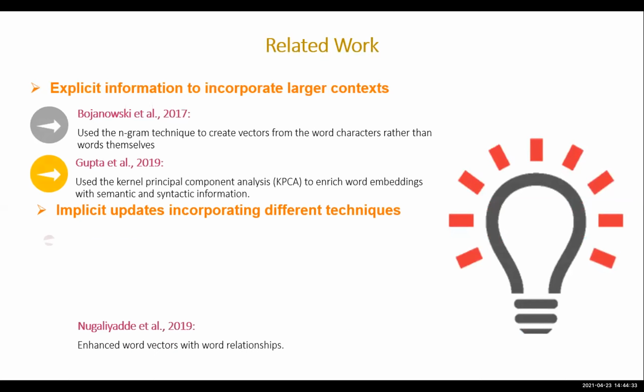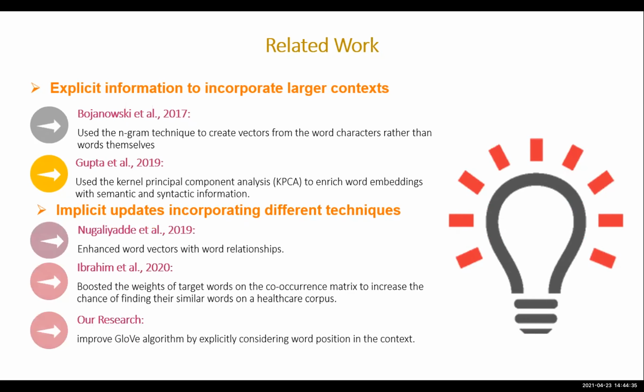There has been a lot of published work that takes into account explicit information, such as the one in 2017 that uses the n-gram technique to create vectors from the word characters, and also the one in 2019 that used kernel principal component analysis to add explicit information.